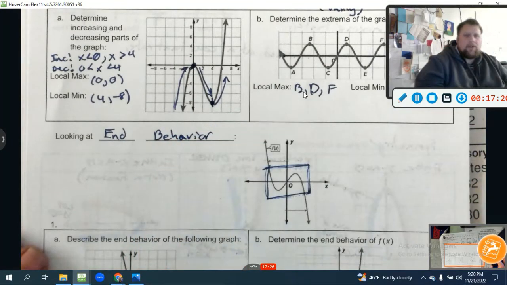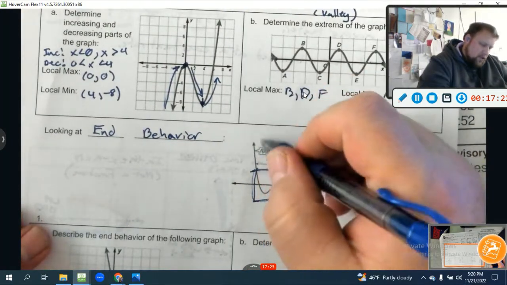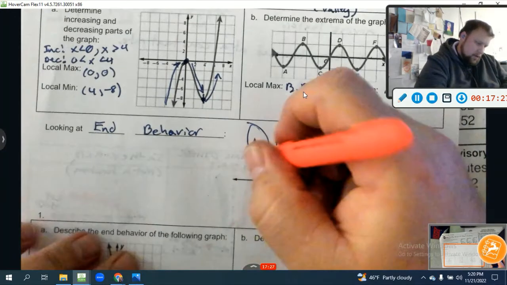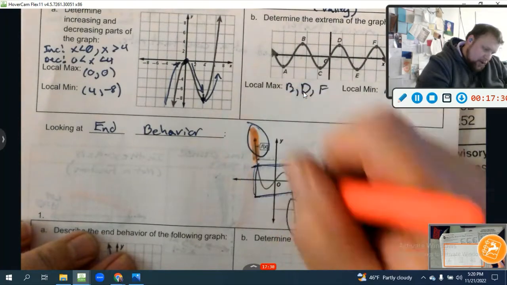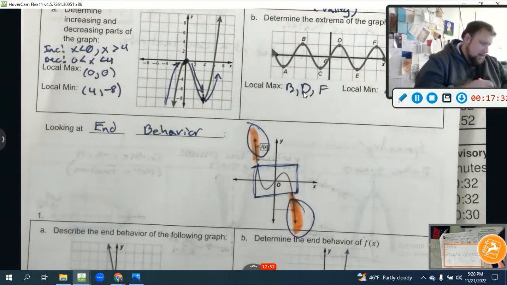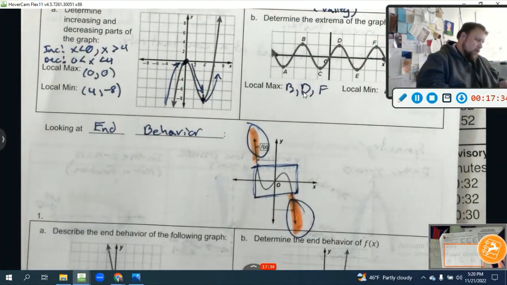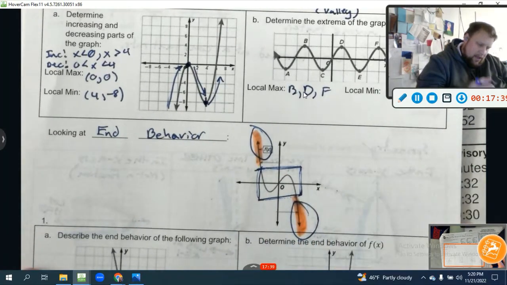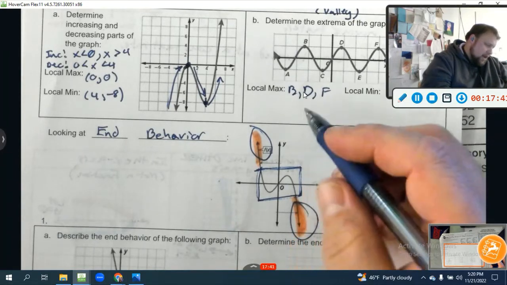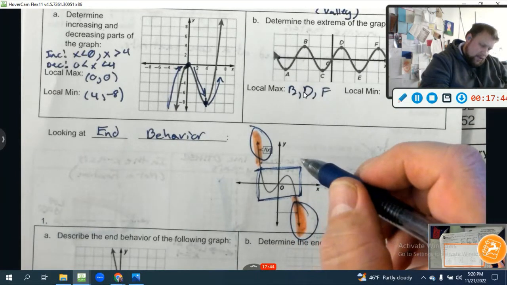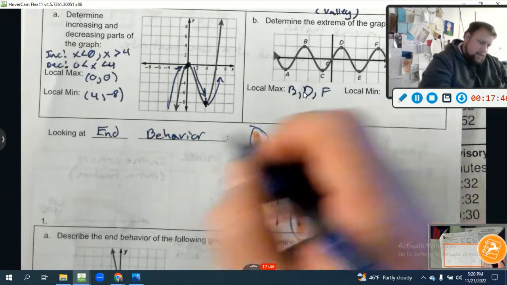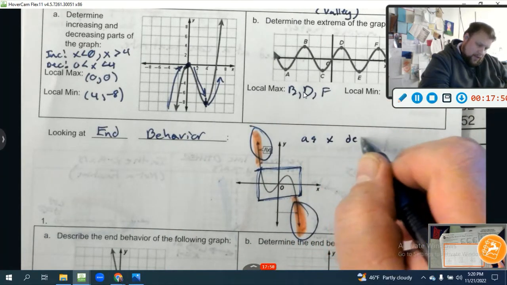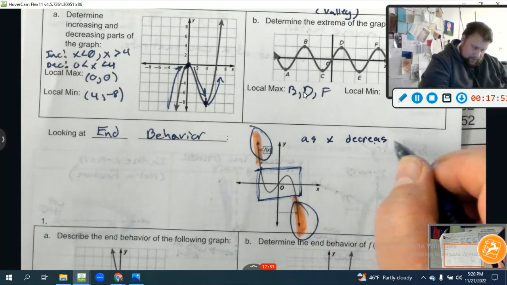The end behavior of a graph is a little different. It's just focused on the ends. So not that middle part, we don't care about it, we just care about the end. And we're going to learn to write something kind of different. Let's talk about as x decreases.